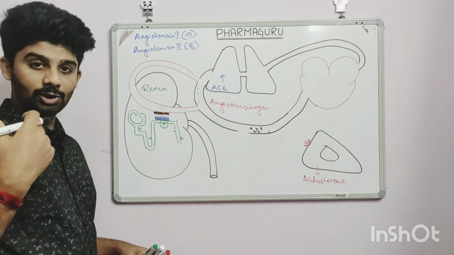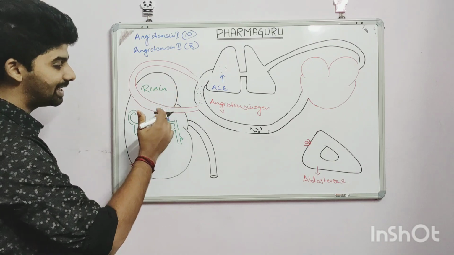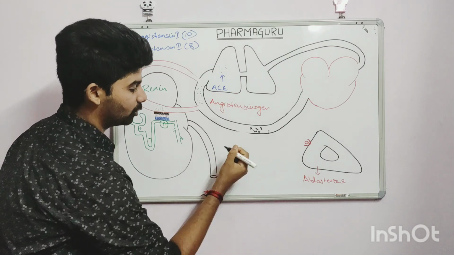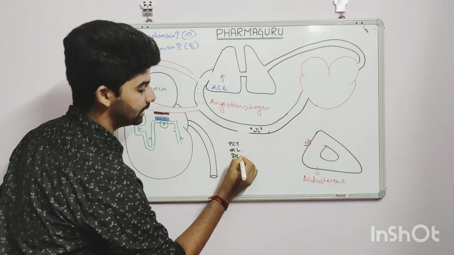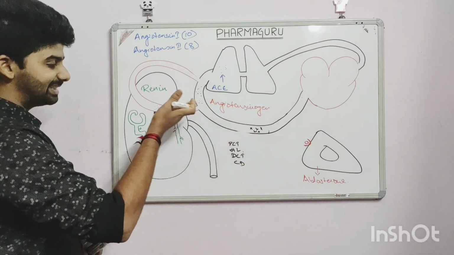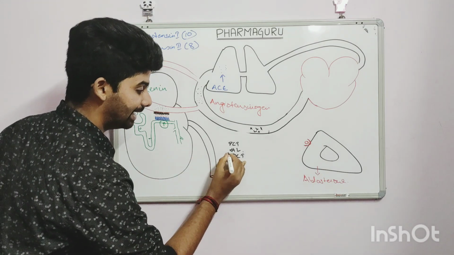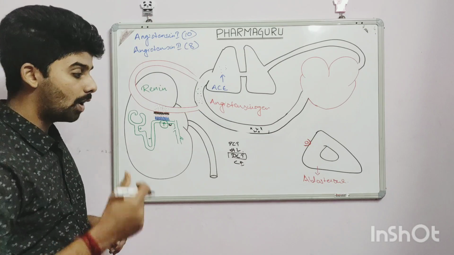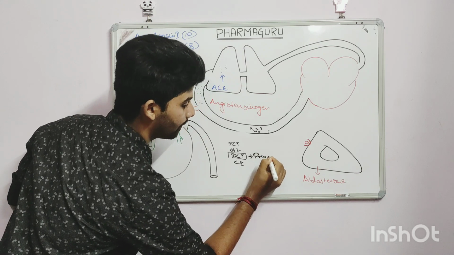Now what does this aldosterone do? It will pass through the systemic circulation and again come to the kidney. In the kidney, we know the nephron has parts: the PCT, Henle's loop, the DCT, the collecting duct and many other structures. When the aldosterone reaches the kidney, it will bind to the DCT, that is the distal convoluted tubule, which has a specific kind of cells known as the principal cells.